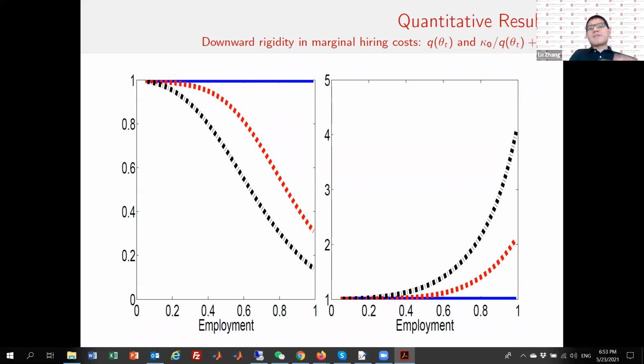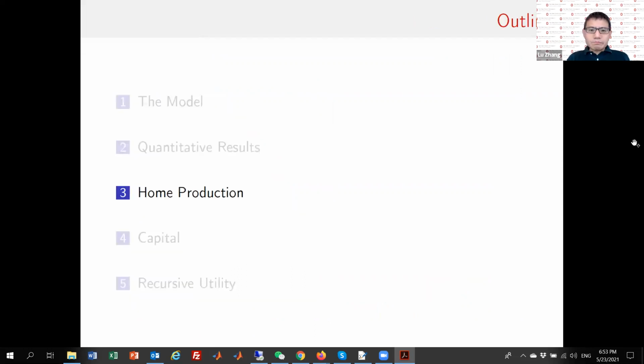So far in the macro labor literature, the focus has been mostly on the unemployment volatility puzzle. So we try to bring out the higher-order implications, disaster dynamics, to say something in the paper about the Great Depression, and later on we also talked about how to build an equilibrium asset pricing model on top of this engine. So now, in the rest of the paper, we explored multiple extensions, more realistic than the textbook model.